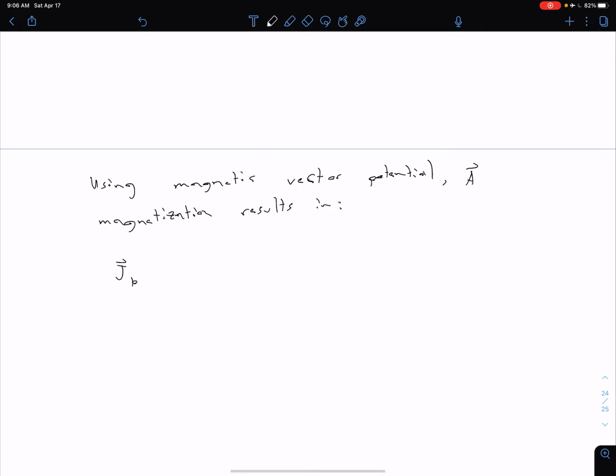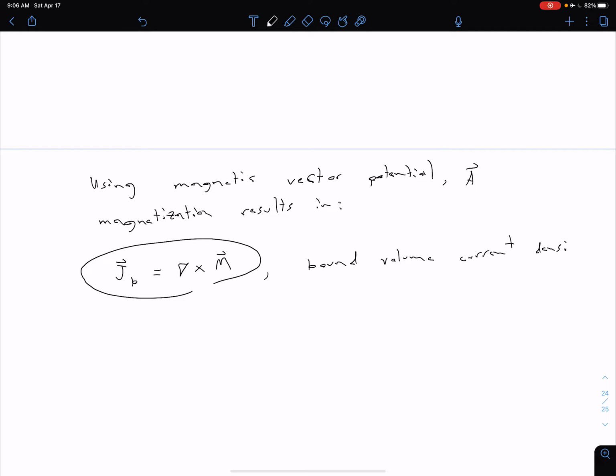So we have our J sub B, which is equal to the curl of our magnetization, capital M. This is going to be our bound volume current density. You'll also hear it called our magnetization volume current density.